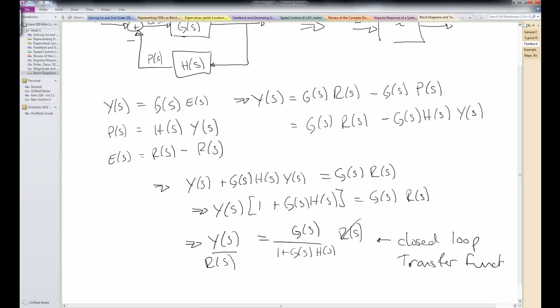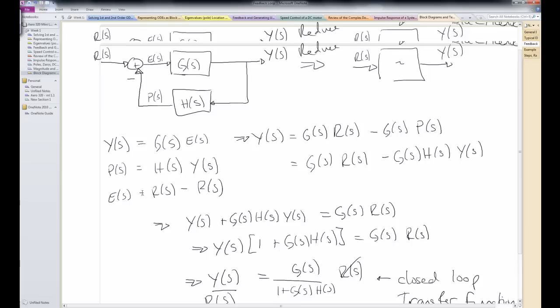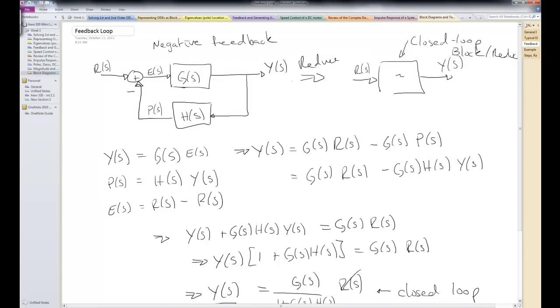G of S by itself is referred to as the open loop transfer function. So when we talk closed loop, we're talking about what's the transfer function from the reference input R of S all the way to the output Y of S, given there's a feedback loop in the system. That would be the closed loop transfer function, and it is this block diagram reduction of the whole system down to one block.